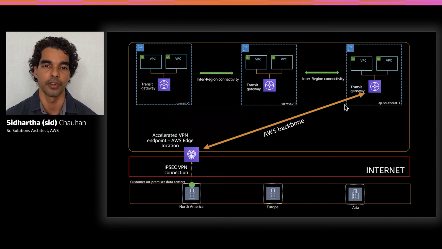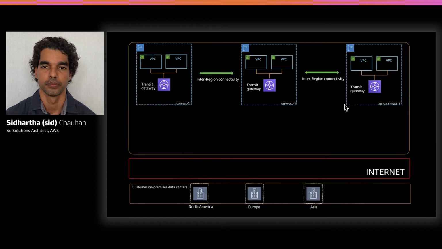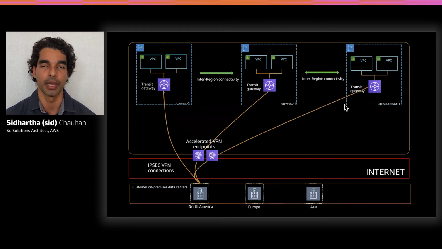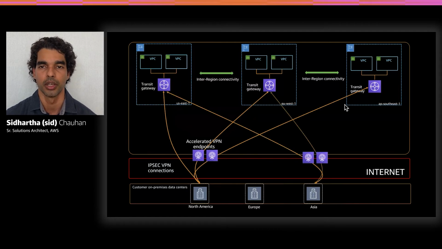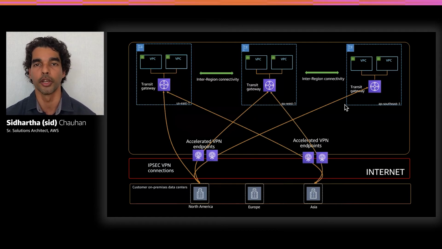So now you send traffic to the global edge location, and from there, it's all over the AWS backbone. So when creating global designs and architectures, you should consider accelerated VPN endpoints for VPN connectivity to remote regions. And you'll do this from all your different data centers globally.